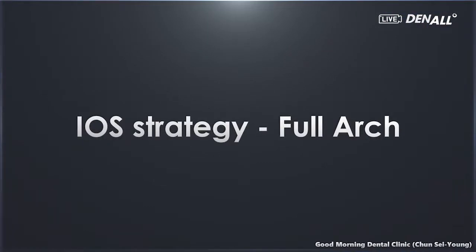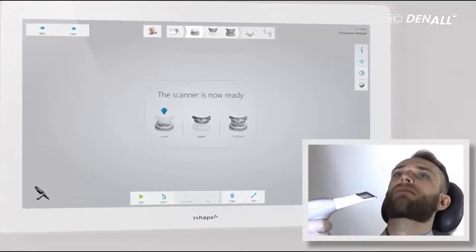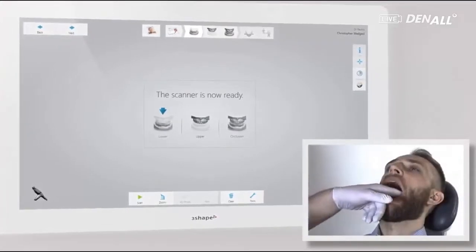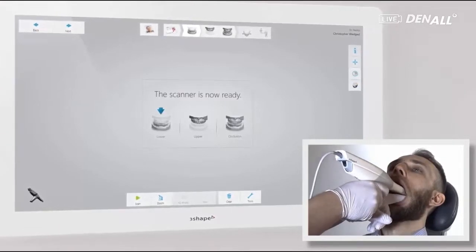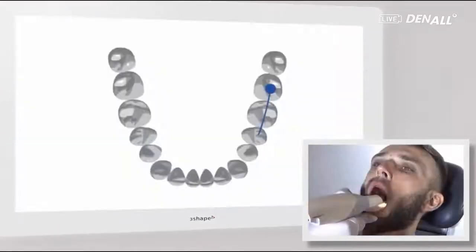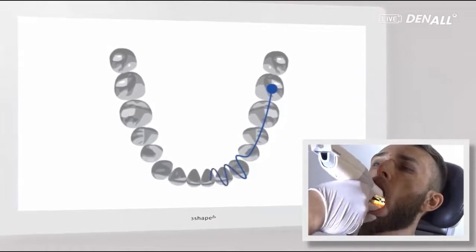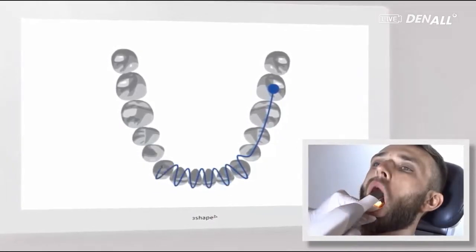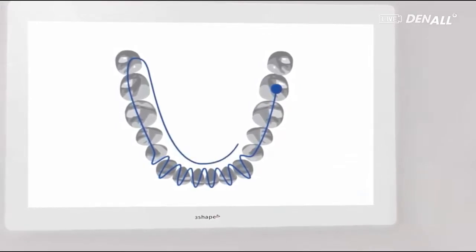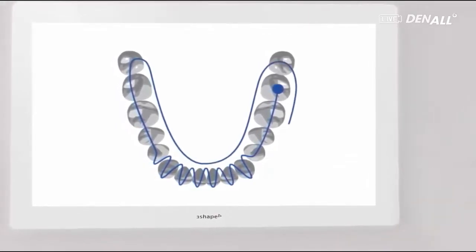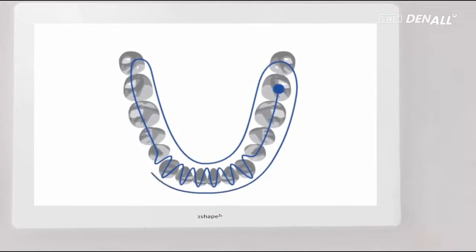Now, let me move on to full mouth scanning. In full mouth scanning, an oral scanner is used, and there are some limitations. As I said before, in the case of full mouth scanning, a model scanner is more precise because an oral scanner works like adding captured pictures continuously.